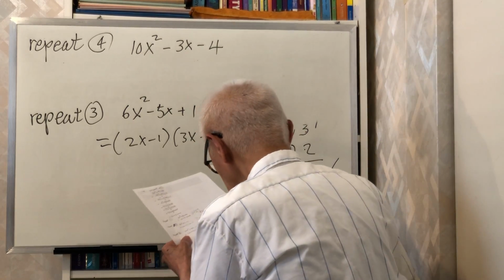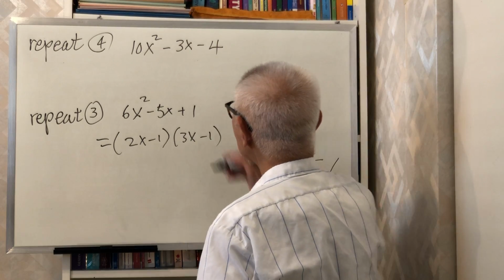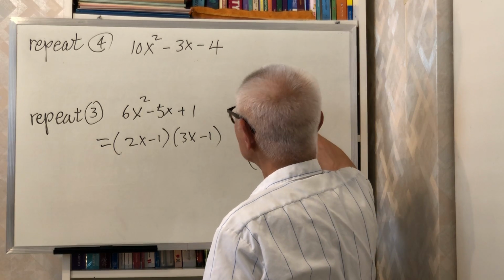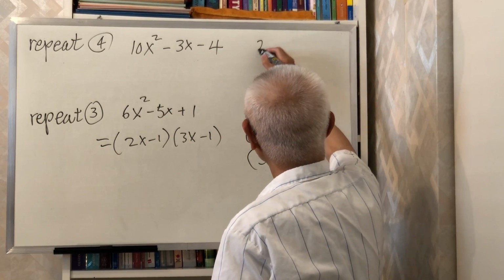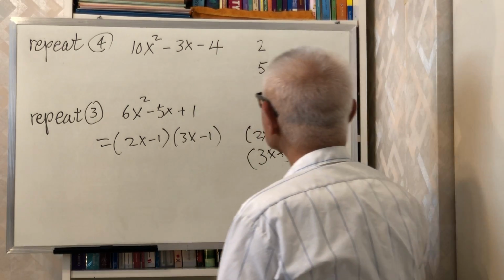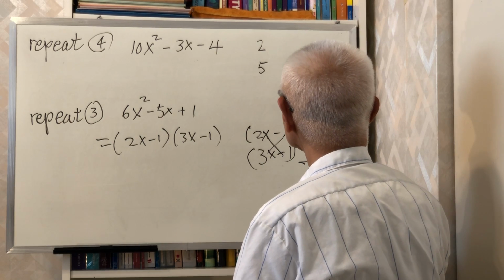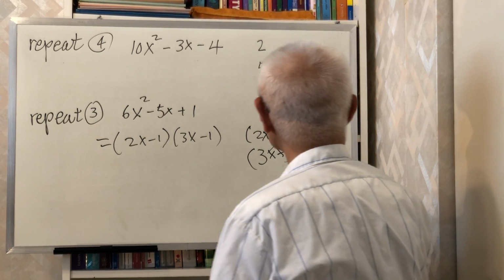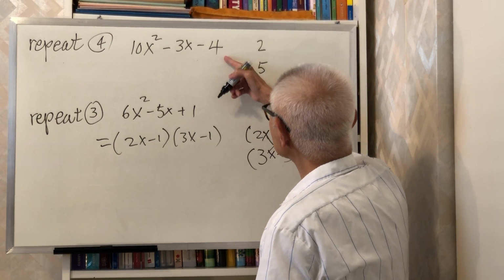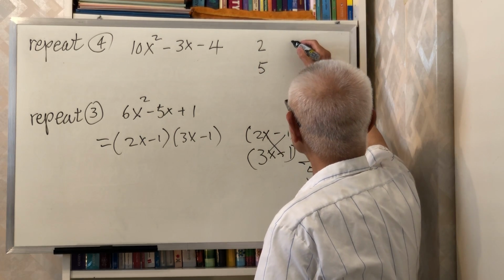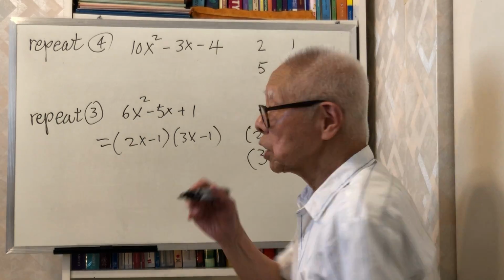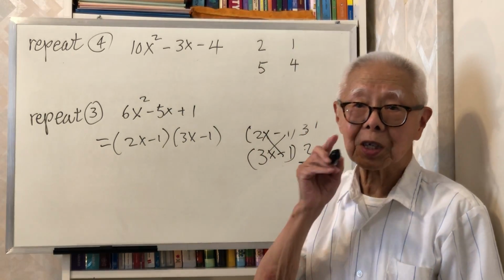Okay. 10 is, you can try 1 times 10. I can try 2 times 5. How about 4? 4 you can try 2 and 2 or 1 and 4. So I try 1 and 4 now. You can try different combinations until you get it right.